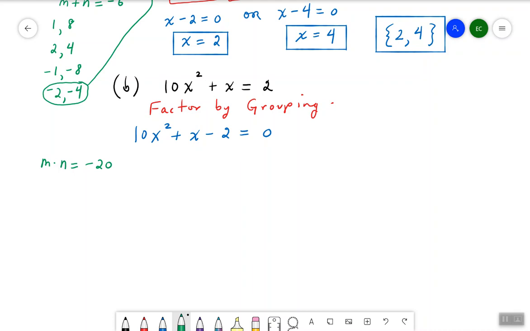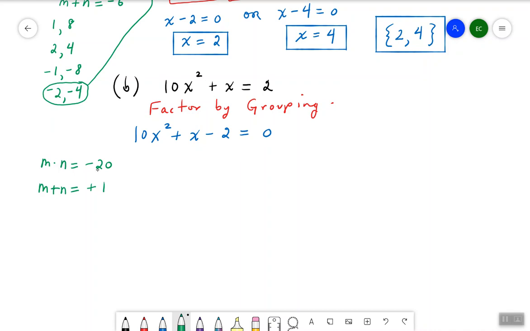So we want 2 numbers that multiply to -20, and then we want those same 2 numbers to add to the coefficient on the middle term, which in this case is a positive 1. Can you see what those numbers are?